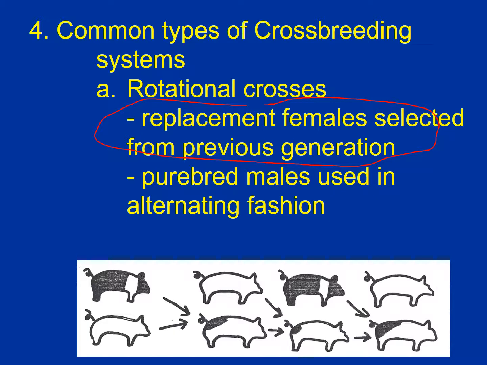So we're going to be raising animals. We select the best females for the next generation, and then we get a breed of boar that's unrelated to the previous males in our generation here. And we always use purebred males. Generally that's the case. We use them in an alternating fashion. So we'll illustrate that with 2, 3, and 4 breed rotational crosses.